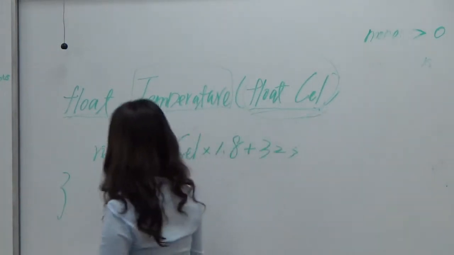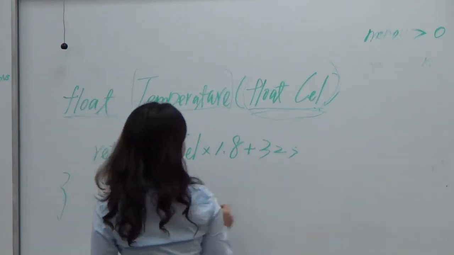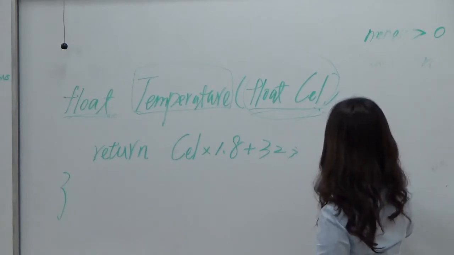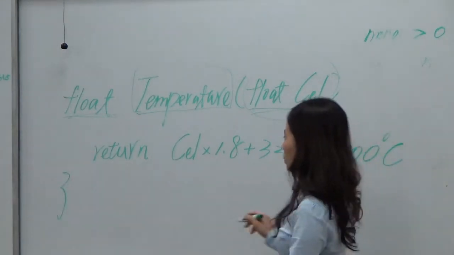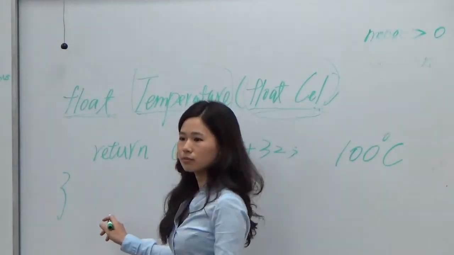So, for example, if I want to convert the temperature of 100 degrees in Celsius, how will I write here?